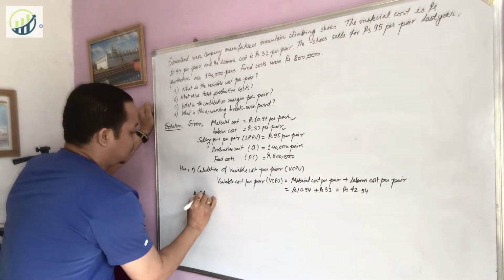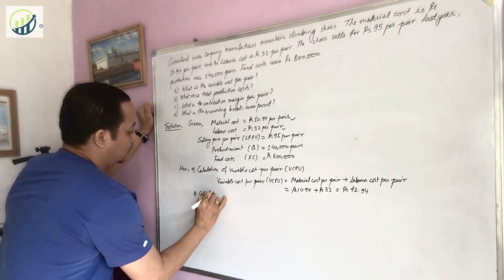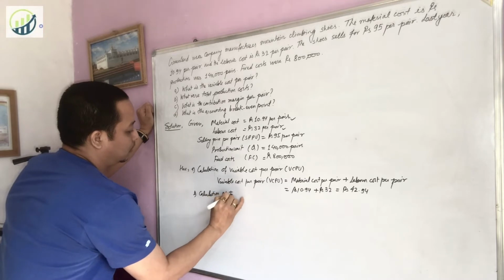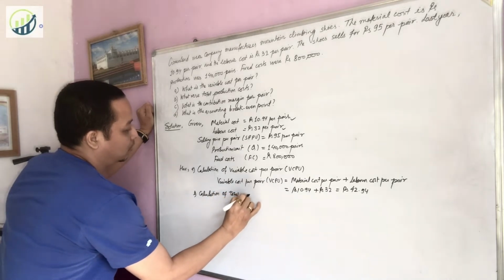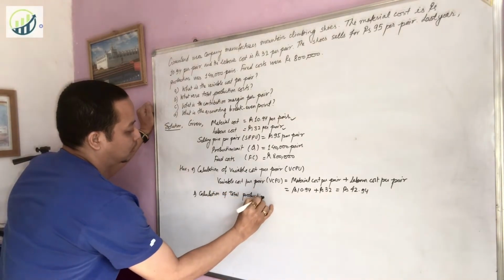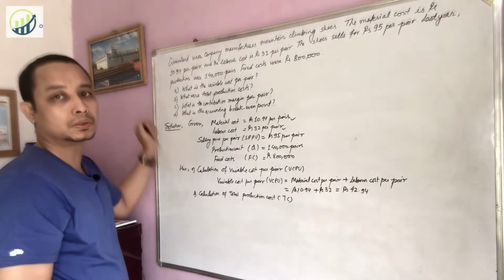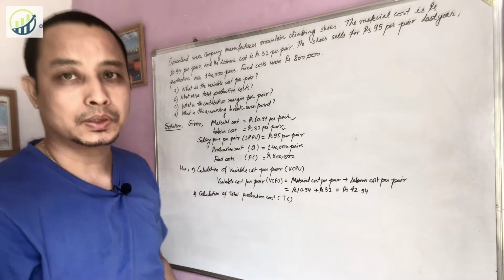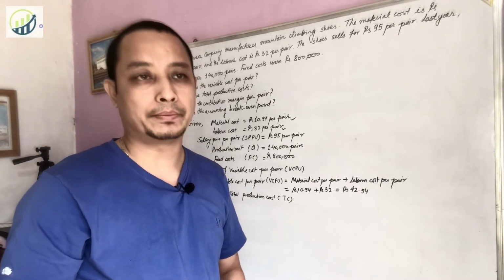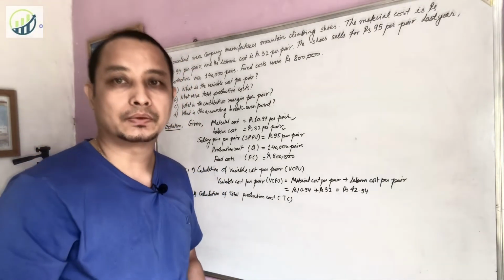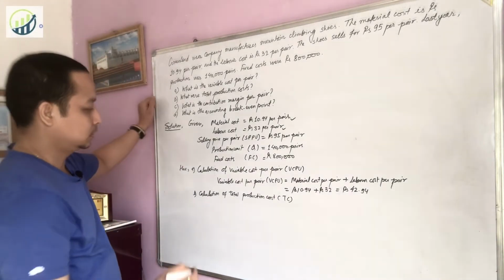So now calculation of total production cost. So here total production cost is the sum of variable cost and fixed cost. If you know the variable cost and fixed cost, then you can find the total production cost.